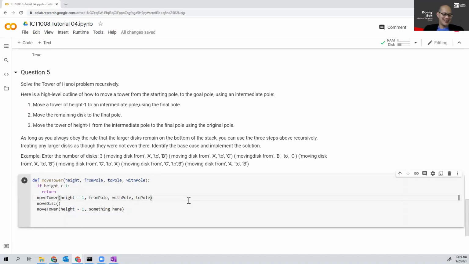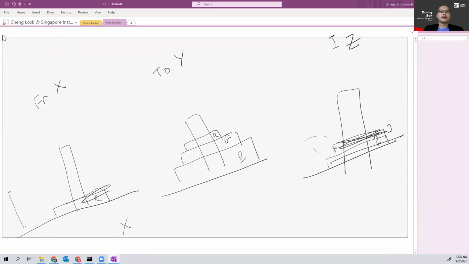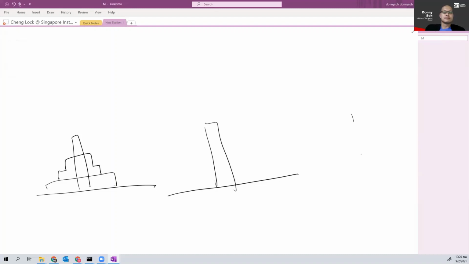Okay. Let me draw this out because imagine many question marks on your faces, although I cannot see your face. Okay. So what is happening is that X, Y, Z. So right now, I imagine that I can shift all this.